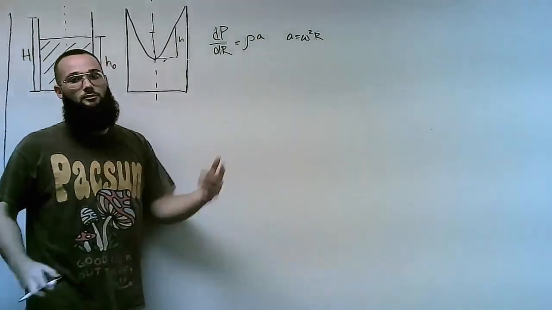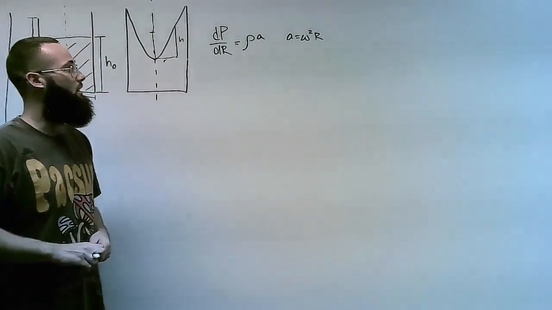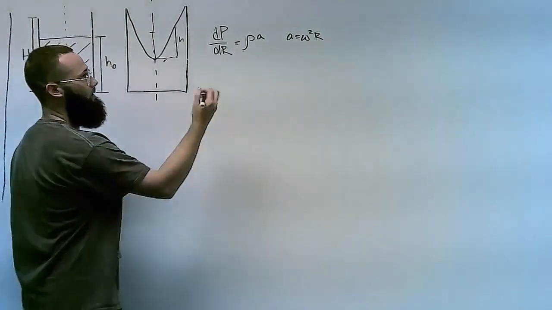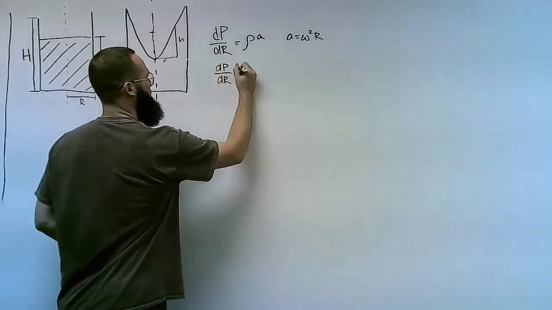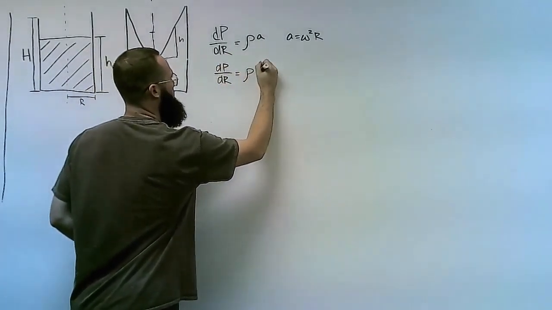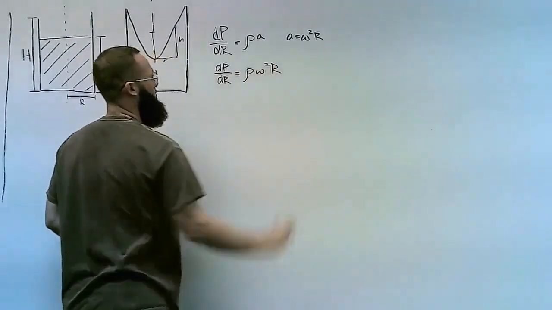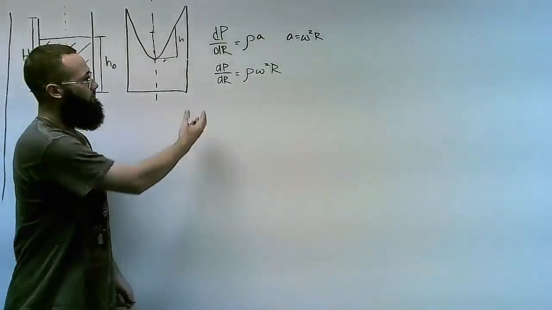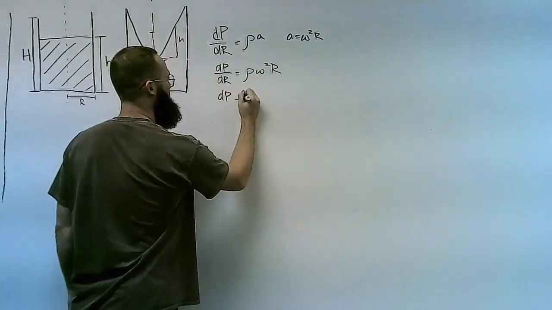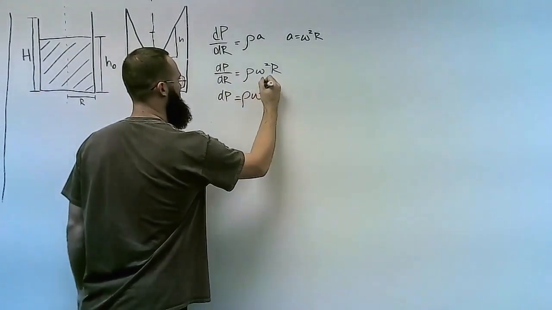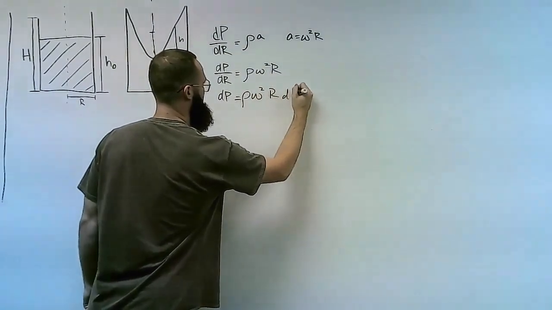This is important because we want to derive an expression for the frequency, so we want to put that in there. Combining these two equations gives dp over dr equals rho omega squared r. From here, we just want to separate this and then integrate. So we'll have dp equals rho omega squared r dr.